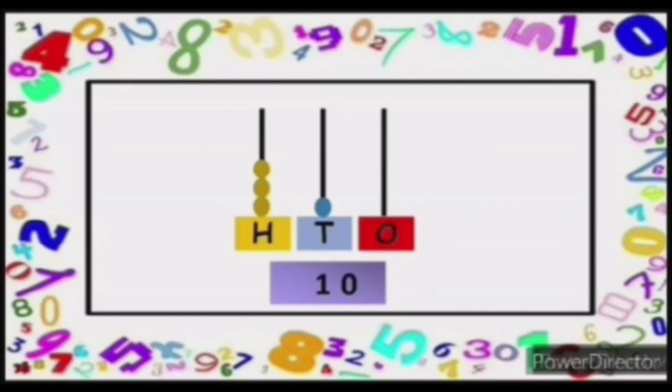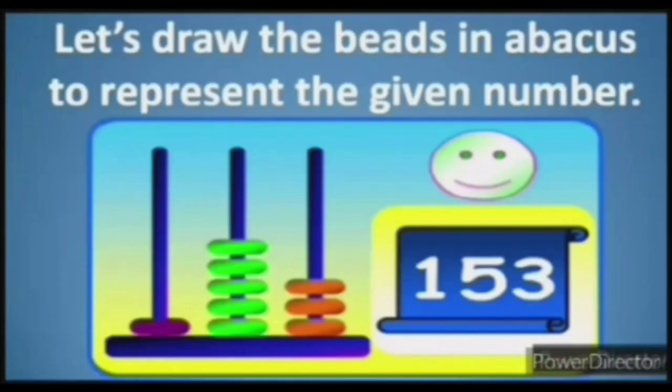Now, tell me the beads in the hundreds spike. Yes, it is 3. Very good. Write 3 in the hundreds place. So, the number has 3 hundreds, 1 ten, 0 ones. Thus, the number is 310.